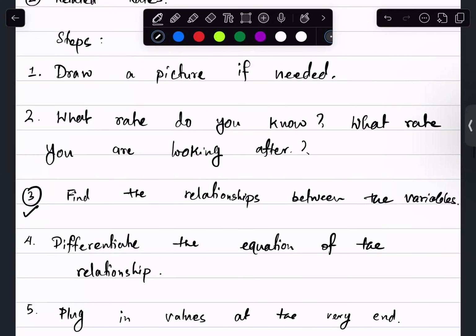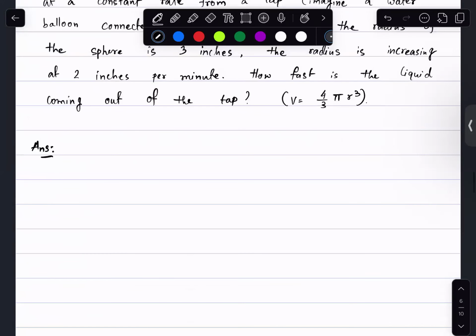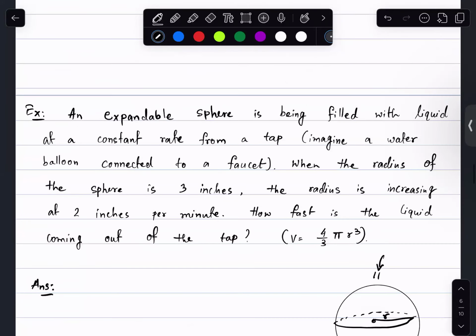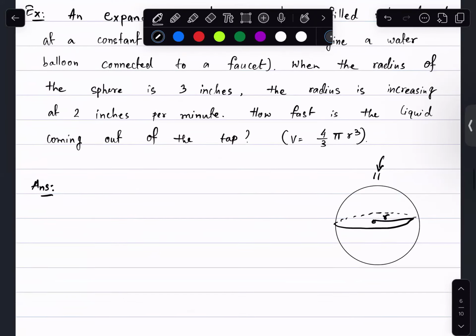And also I don't need to draw a picture, but maybe I can draw the picture very vaguely. So say this is my sphere of, say, radius r, and the liquid is being filled into the sphere.